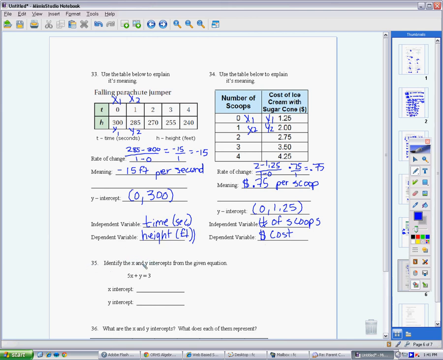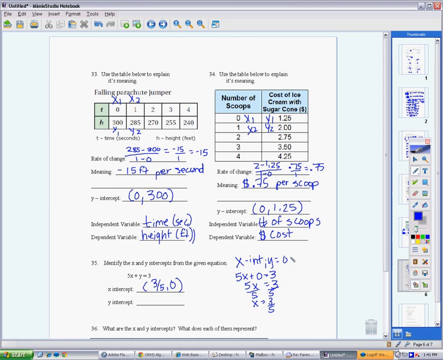35, identify the x and y intercepts. Okay, if I'm finding my x-intercept, that means my y equals 0. So I would get 5x plus 0 equals 3, which gives me 5x equals 3, divide by 5, and x is equal to 3/5. So that means my x-intercept is at 3/5, 0.